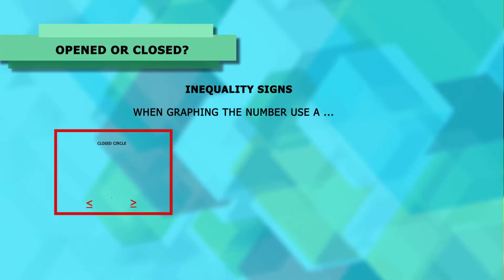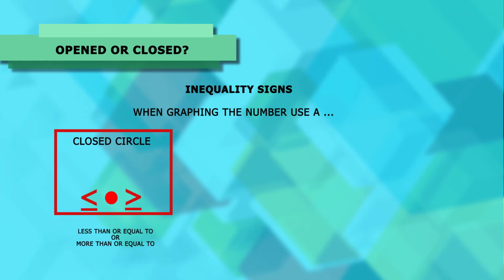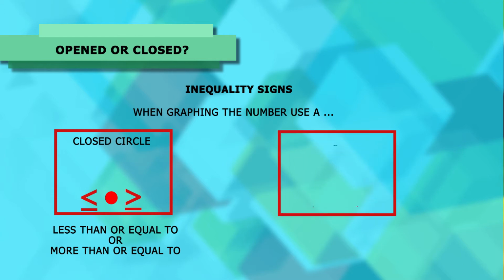A closed circle on a number line usually represents less than or equal to or more than or equal to. If the circle is open, it just represents less than or more than. So again, closed circles represent less than or equal to or more than or equal to, and the open circles represent less than or more than.